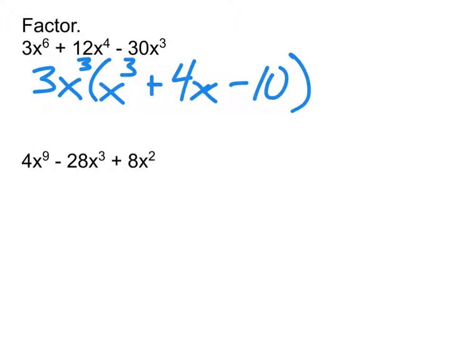All right, now on to the second. The first thing I'm doing in this second problem is I want to see, can I factor out a whole number? Yes, you can. More specifically, that's looking at the 4, the 28, and the 8. And what can I divide them all by? 4. 2. You notice there are actually 2 numbers I can divide them by.